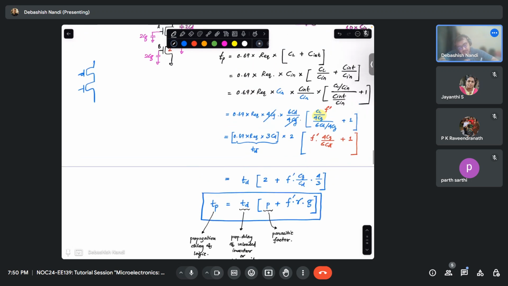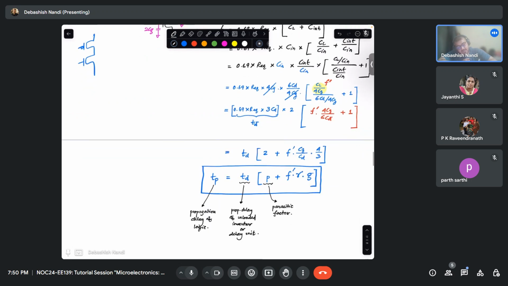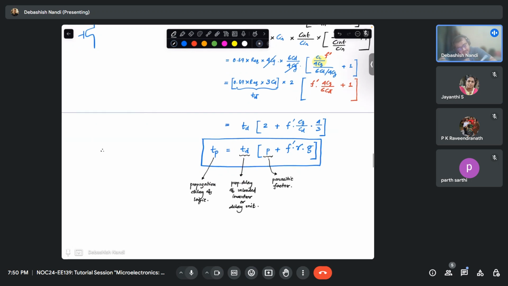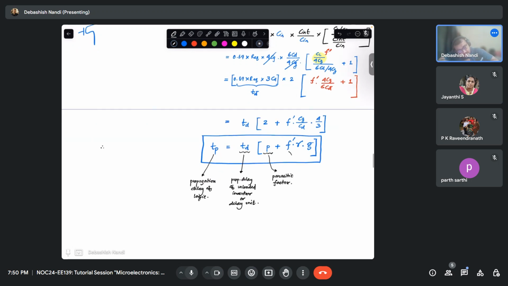If you consider it very carefully, I'll define these terms also. F is called your electrical fan out, gamma is your self loading, G is your logical effort.